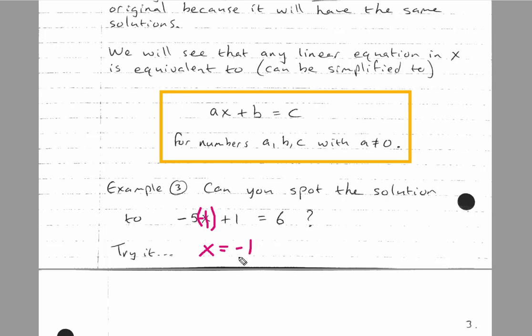So here, just playing around with some small integers, we see that negative 1 works, so that's the solution here. These linear equations always have exactly one solution.